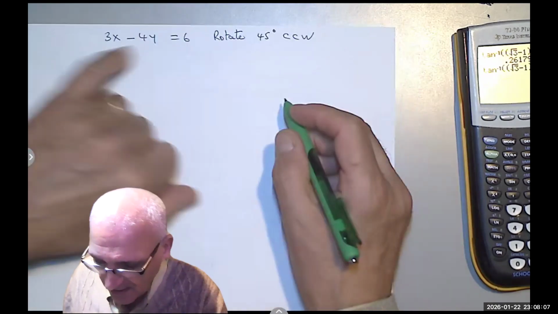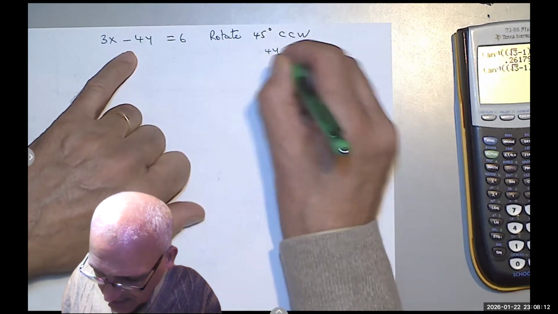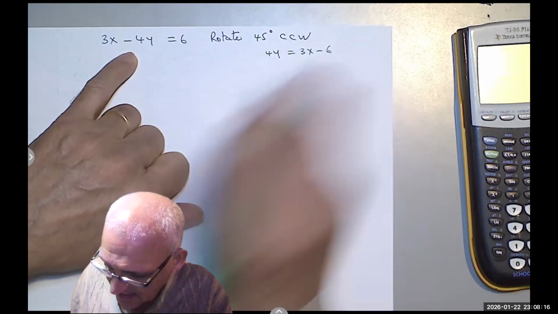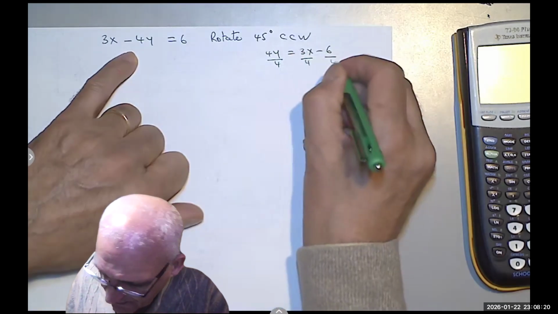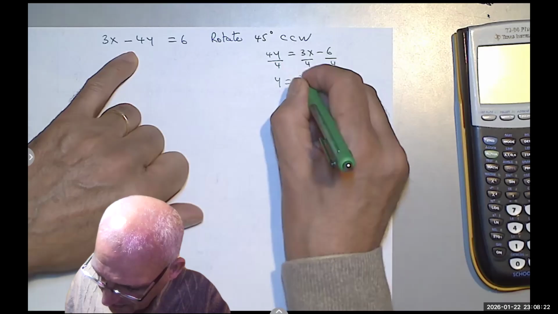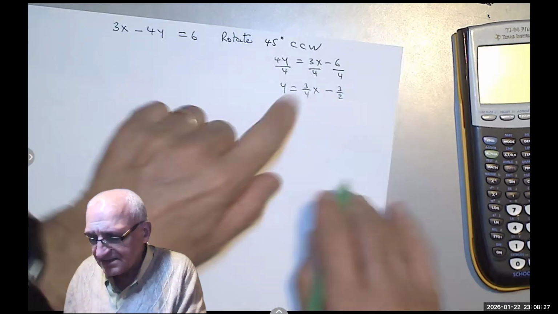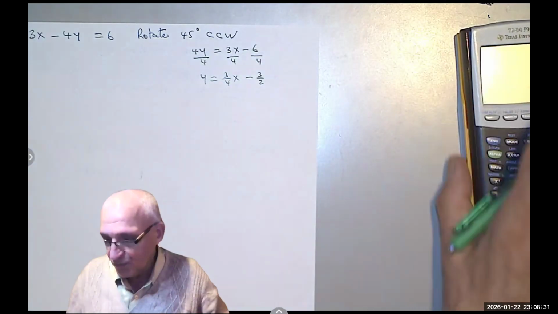Meaning, if I move the 4y to the other side and bring the 6 to this side, I get 3x minus 6, and then I'm going to divide by 4. So I get y equals 3/4 x minus 3/2. Why am I doing that? To find the angle that this line makes with the horizontal.